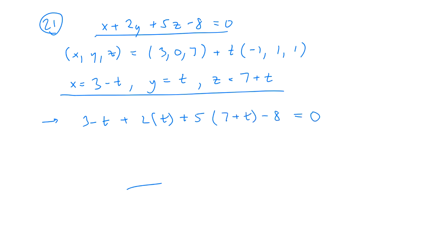So if I plug in x, y, and z, I get just an equation with t. So bring all the t's together. Plus 30, and this is where you really should double check them.